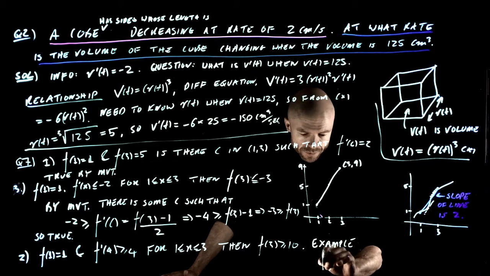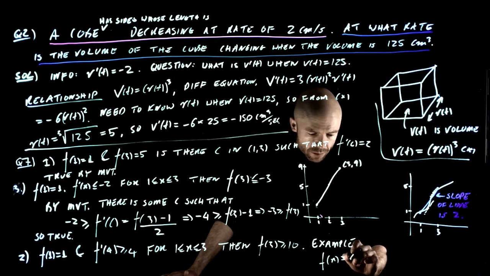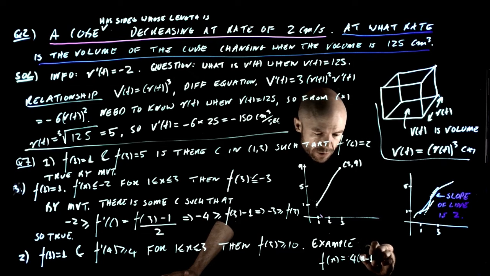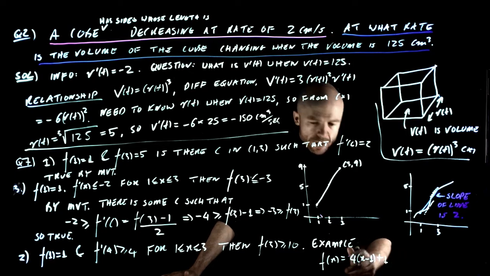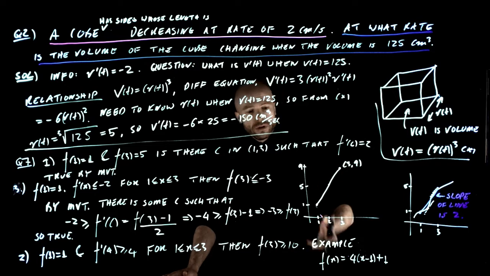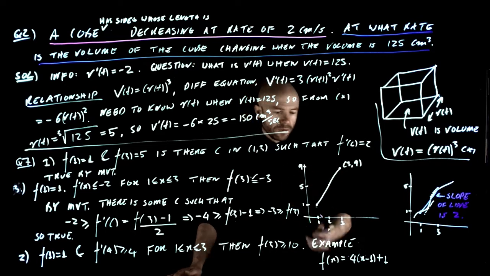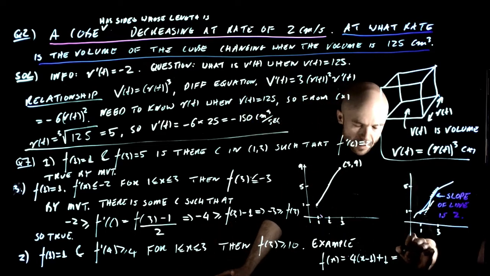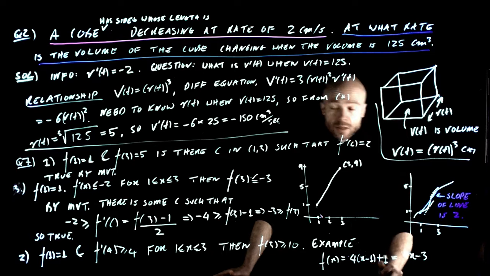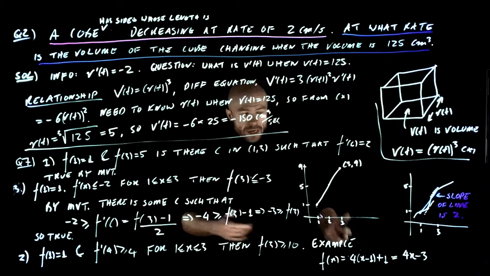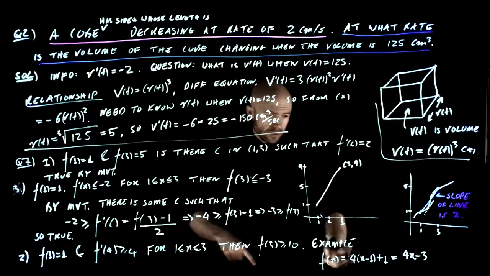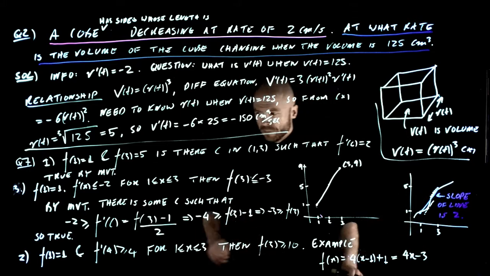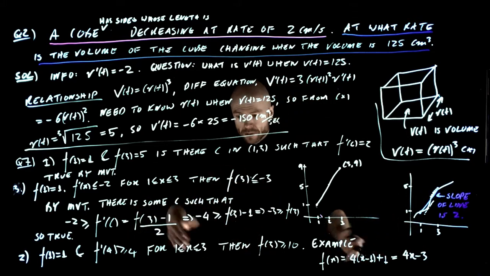If we let f of x be 4 times x minus 1, plus 1, then that thing has slope 4, and it goes through the point 1, 1. That is 4x minus 4 plus 1, so we have 4x minus 3. And it satisfies exactly what we need. f of 1 is 4 minus 3, which is 1. The derivative is 4, so that's always true.